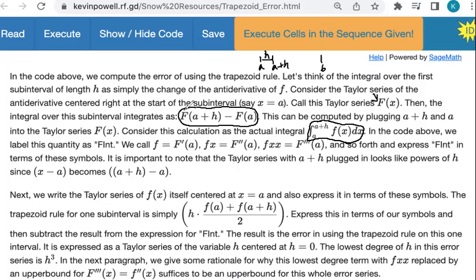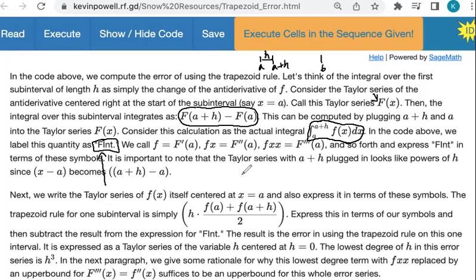In the code above, the symbol f int is like the code name for that Taylor series that represents the actual integral. So that's great. We get a Taylor series, f int, centered at a, but then notice we're sticking an a plus h into there.